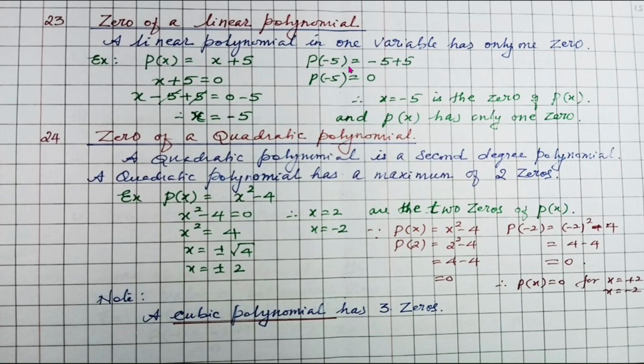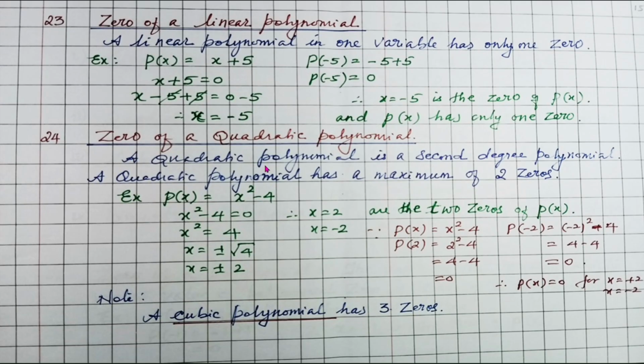Therefore, x is equal to minus 5 is the 0 of p of x, and p of x has only one 0. Therefore, remember, the linear polynomial is having only 1 0. There is no other value of x which makes the value of the polynomial 0. Therefore, a linear polynomial in one variable has only 1 0.